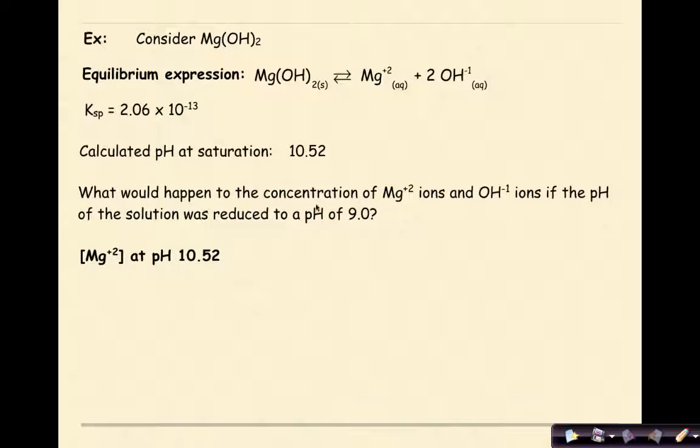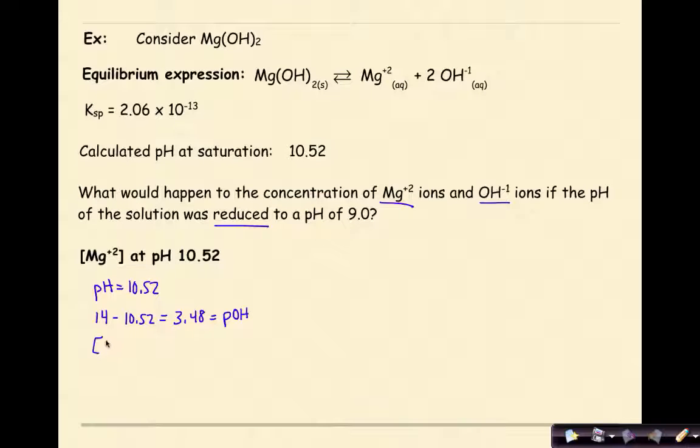What would happen to the concentration of magnesium ions and hydroxide ions if the pH of the solution was reduced to a pH of 9? So let's start out by looking at the magnesium ion concentration at a pH of 10.52. If I do 14 minus 10.52, I find that my pOH is going to be 3.48.